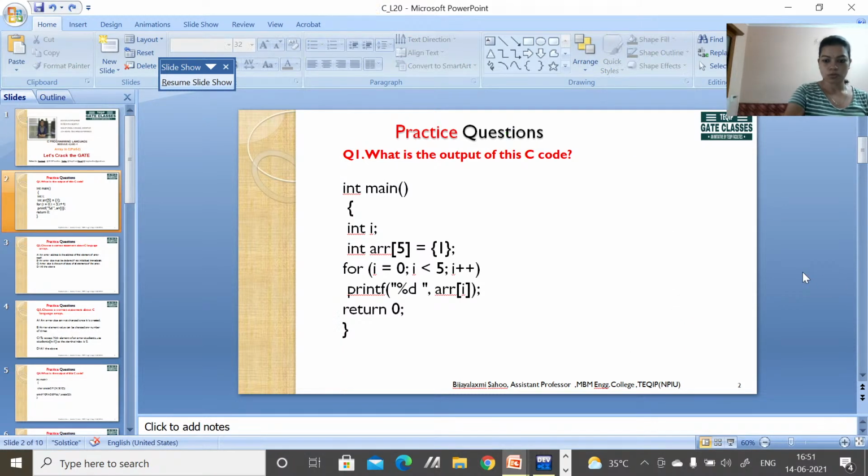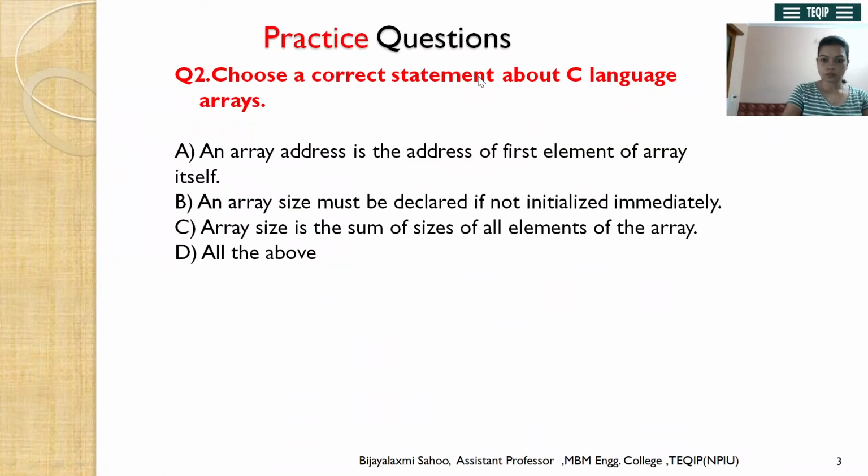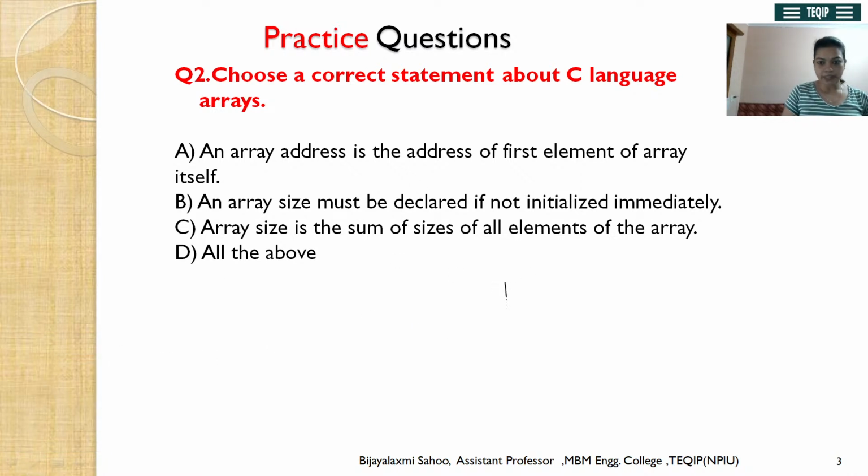Coming to the second question, choose the correct statement about C language. An array address is the address of the first element of an array. Yes, because I had told you that when we take an array, this is my array.